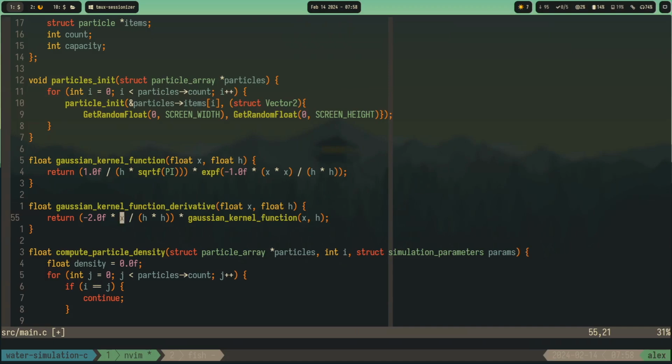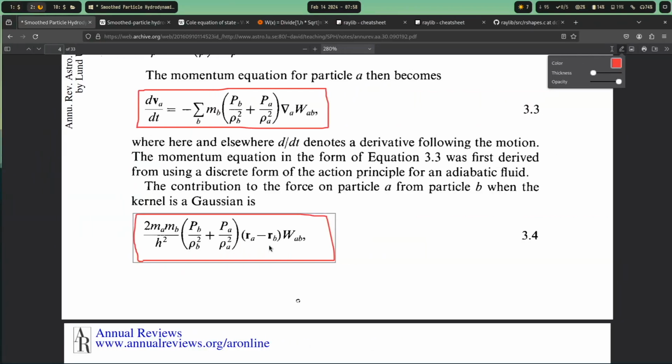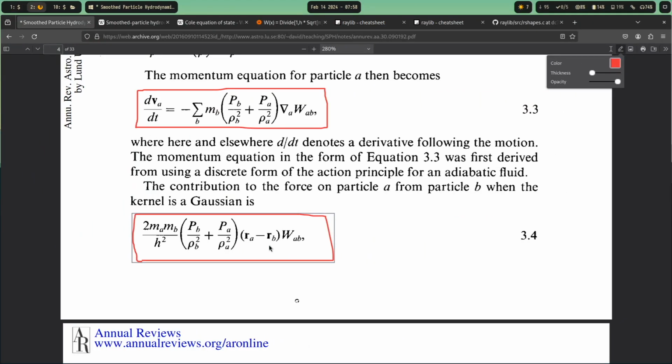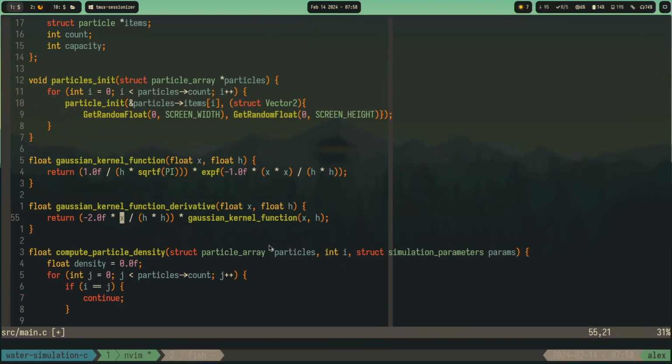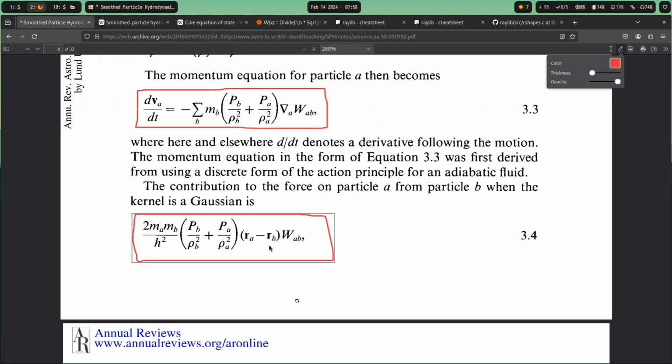Right? It should give us the direction of the... woohoo.